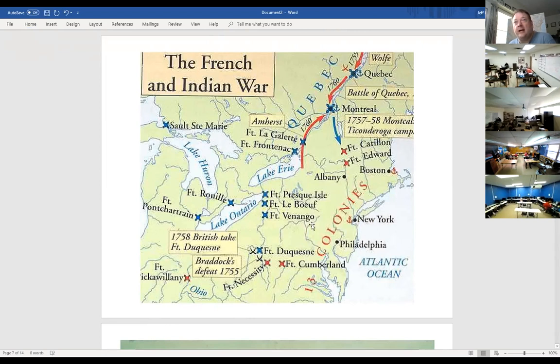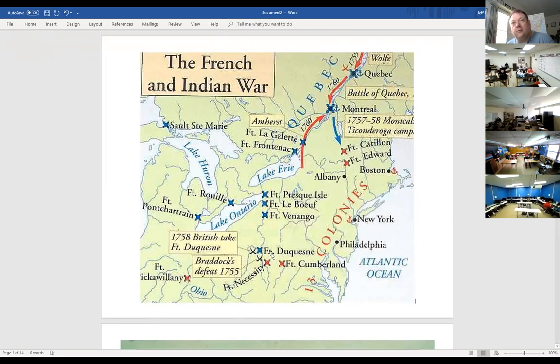So Pennsylvania, Connecticut, Massachusetts, New York, and then part of Virginia down here. And so they were building forts through here. This is up in the upper middle colonies in New England, through the Ohio Valley.